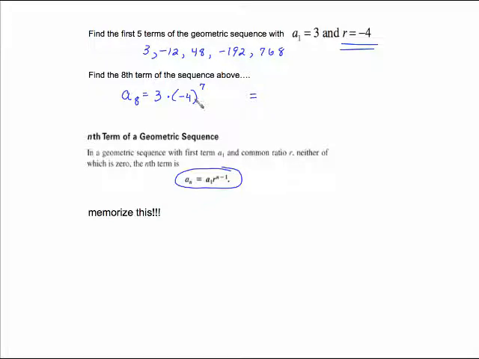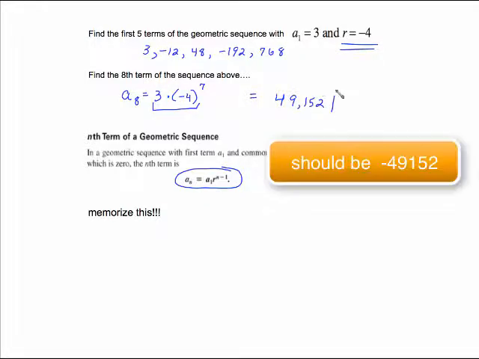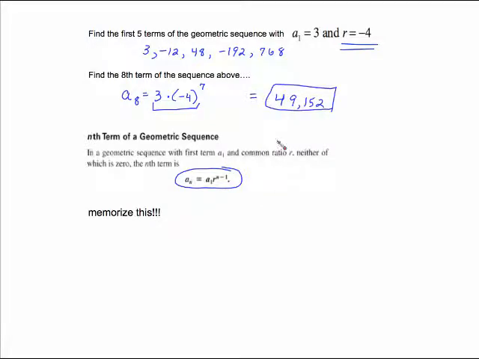Order of operations says I need to raise -4 to the 7th power before I multiply it by 3. Your calculator will do this directly for you, but be sure you have parentheses around that -4. So 3 times the quantity -4 raised to the 7th power is 49,152, which would be the 8th term. Notice in a geometric sequence how quickly the terms get large because you are multiplying each time rather than adding or subtracting.